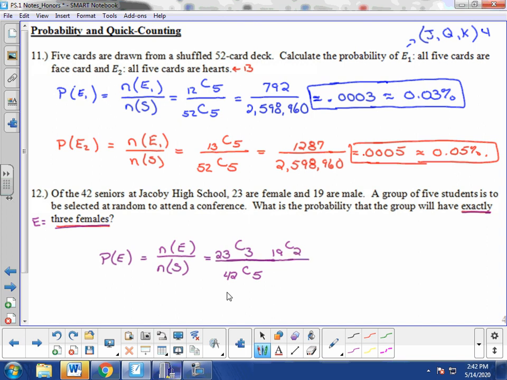When we have events like this, where we're going to create multiple combinations in a single event, we have to multiply those values together. So we want to multiply the combinations that we could have of choosing females times the combinations that we could have of choosing males. And that's going to give us the number of combinations in the event.